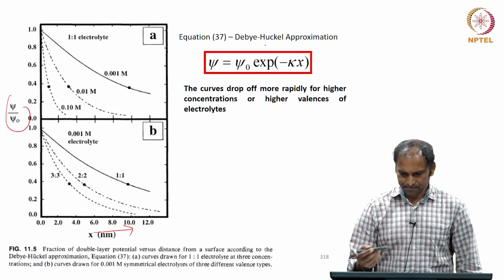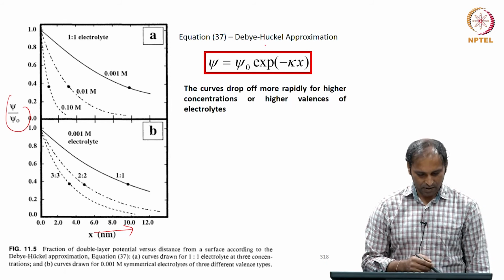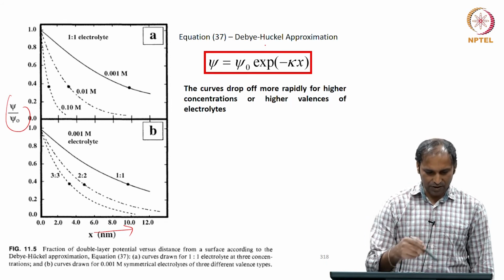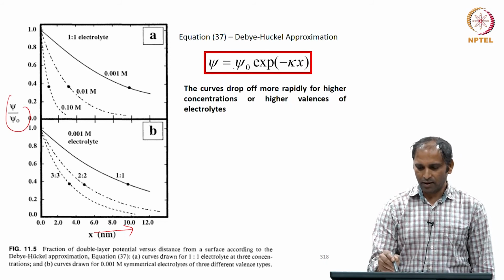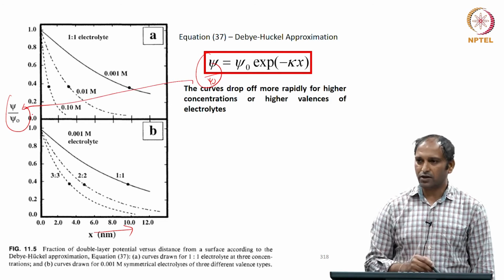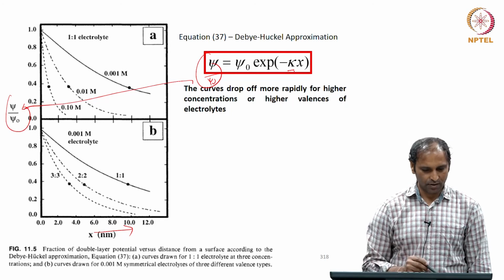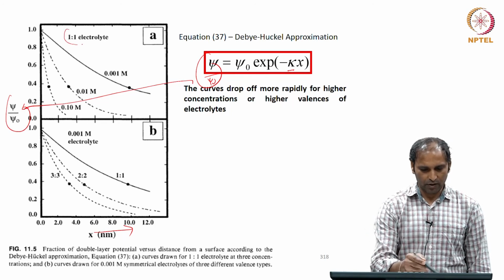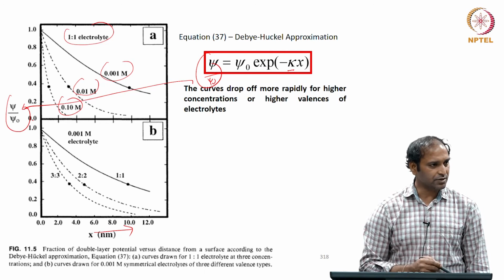This is again just a plot of whatever I mentioned in the last few seconds. What is plotted is a scaled potential. I can divide by psi naught, and that is what is on the y axis. The x axis is your separation distance, for a 1:1 electrolyte, and all that has been done is the salt concentration is systematically increased.